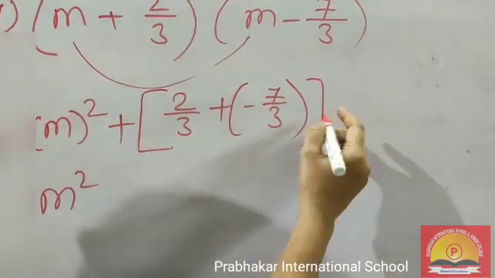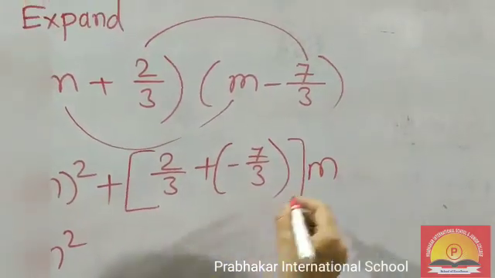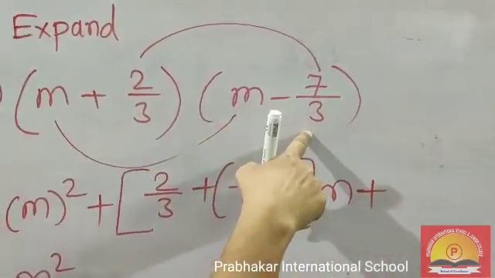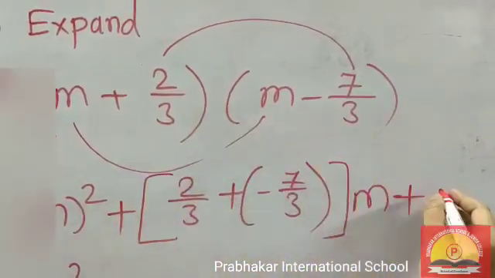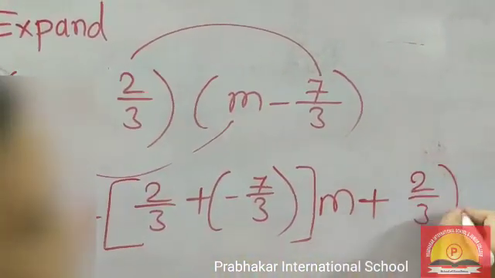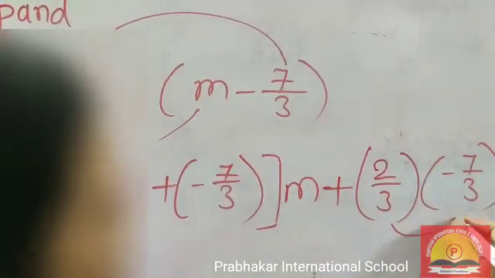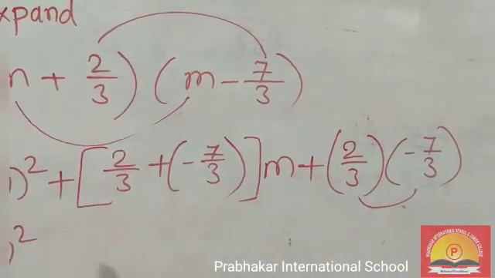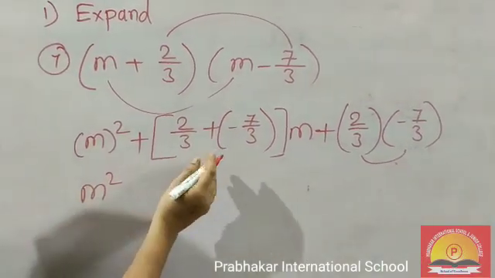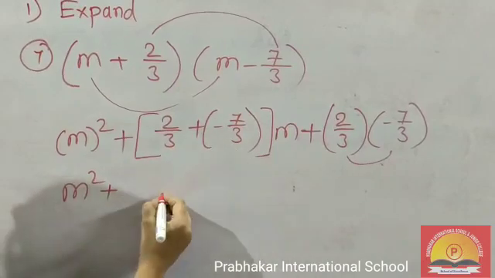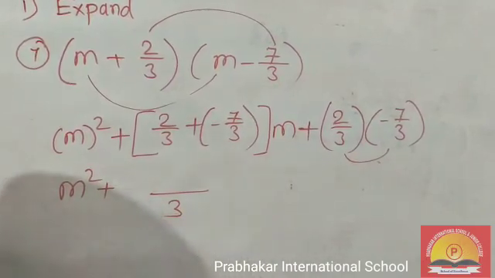Multiply it by the common term, which is m, plus multiplication of the uncommon terms. So multiplication of 2 by 3, take it in bracket, minus 7 upon 3, multiplication of these two. So you can see here, now we are going to add these numbers. So what to do? You can see the denominator is common, so write it once.